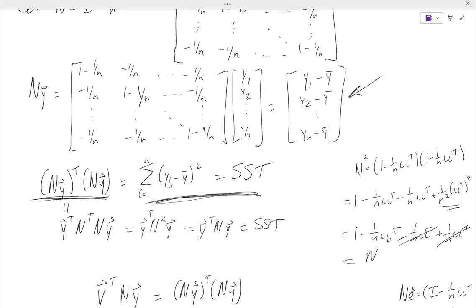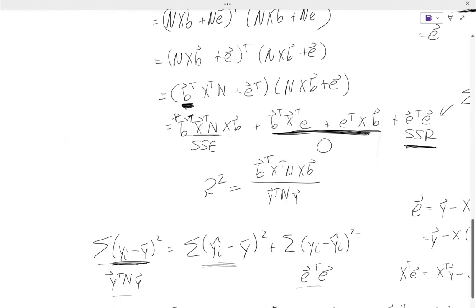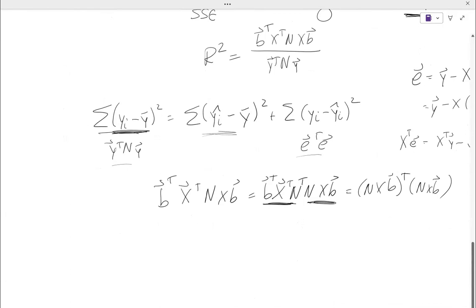That was how we got that, wasn't it? Notice we have the same exact situation here, isn't it? If I think about this as a single vector right here, we have the exact same situation, don't we? But rather than having the Y data points, these are the Y predicted, right? That's the whole point, right? When I do the X times the B, I get the predicted Y's, correct?